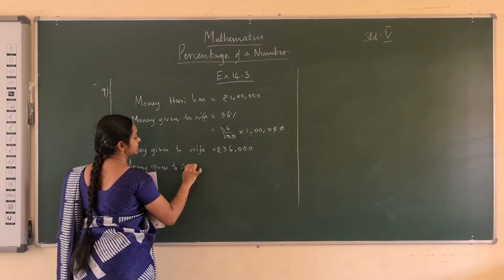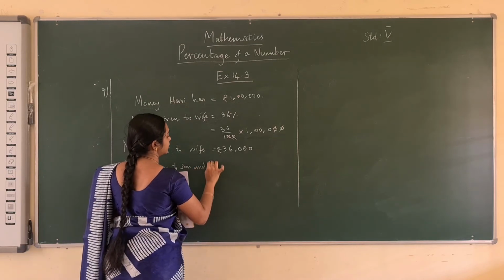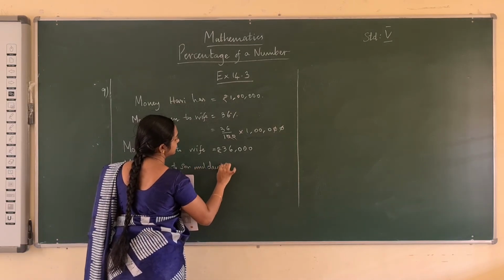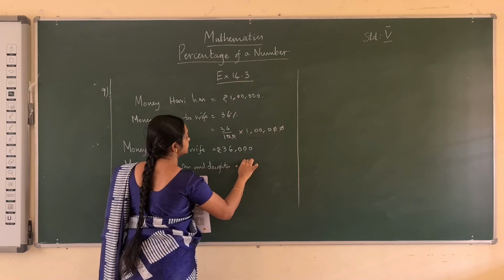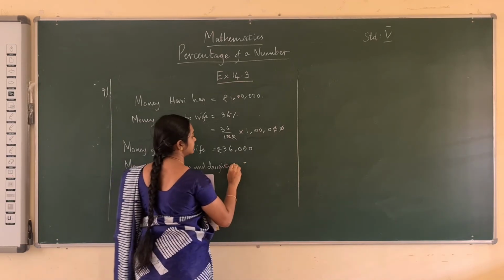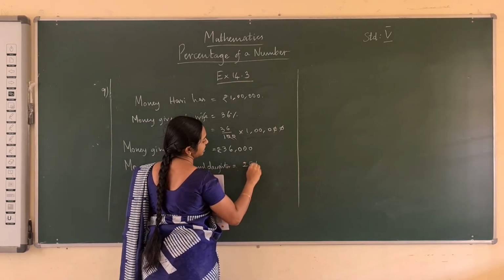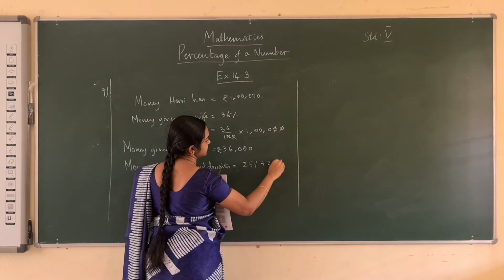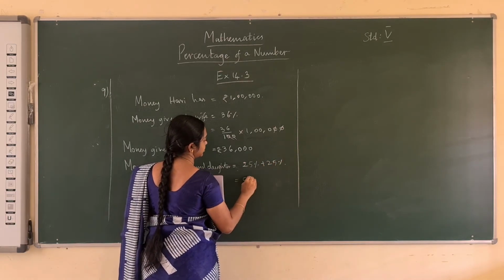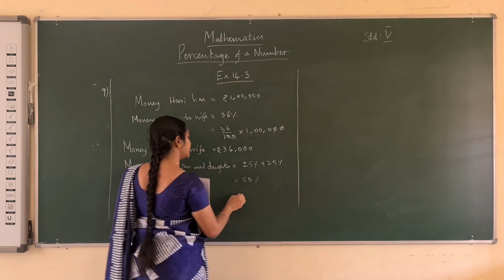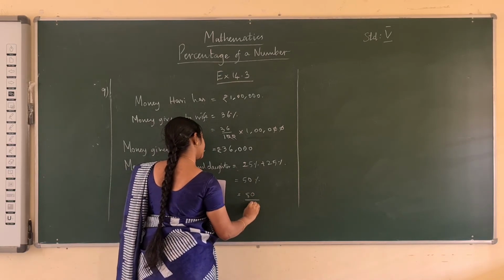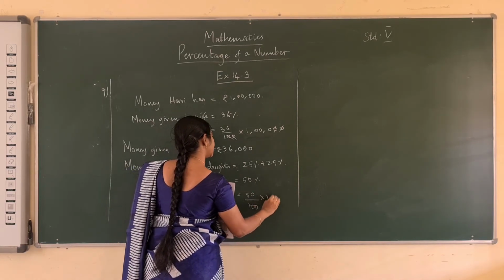Money given to son and daughter is 25% plus 25% equal to 50%. 50% means 50 by 100 into 1 lakh.